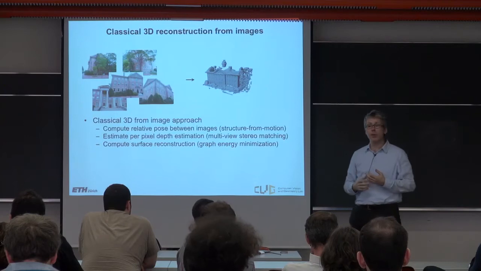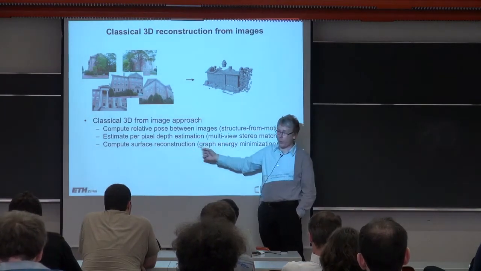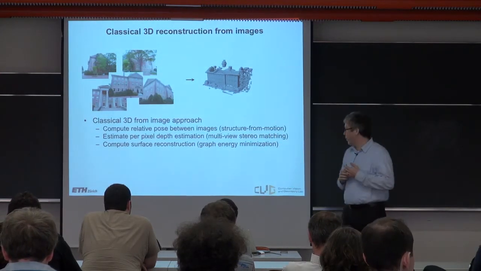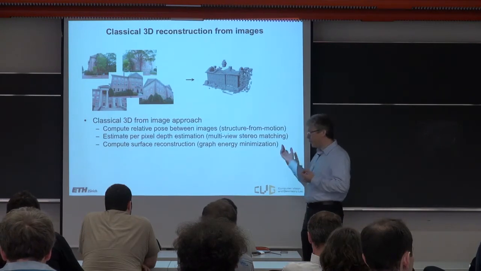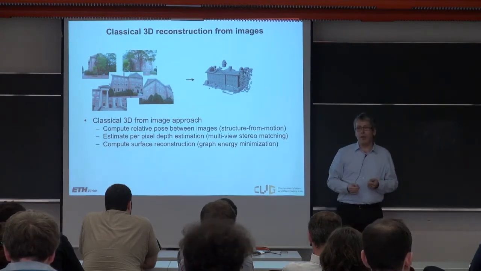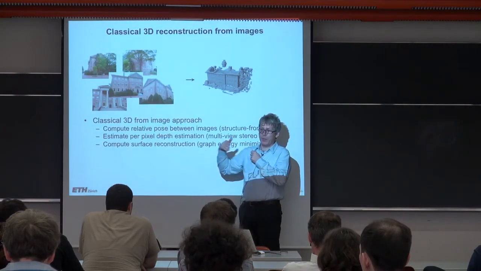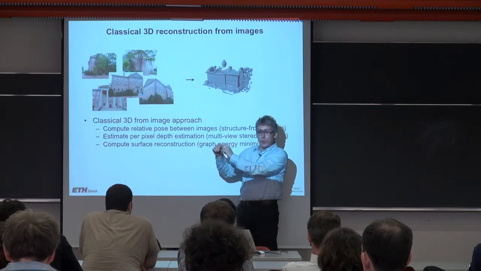viewpoints. So at that point, the typical approach consists of then computing a surface reconstruction, which is typically formulated one way or the other as energy minimization on a graph. It can be a regular graph, a volumetric grid, where you have evidence. If you're in front of the measured depth, it's supposed to be empty. If you're behind the measured depth, it's at least just behind, it's supposed to be full.